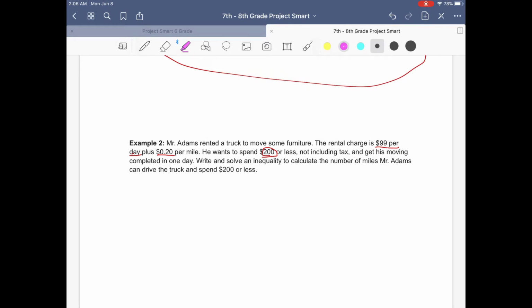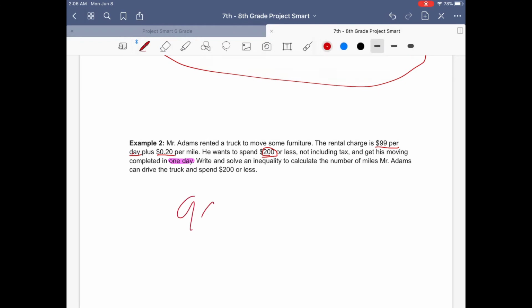So we already know how many days. He takes 1 day, so 99 is already set. We don't need to put a variable for days, because we already know how many days he's going to rent the truck.